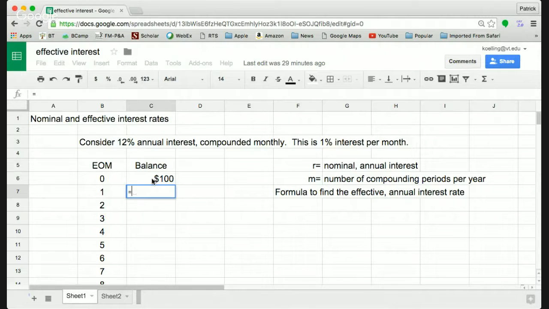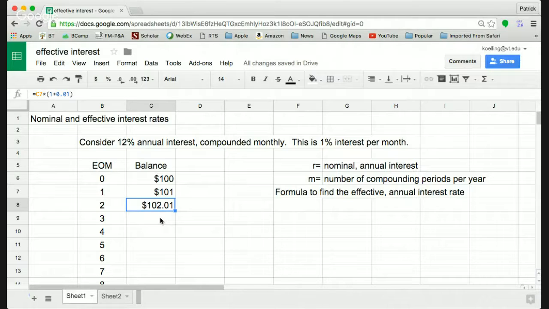So it's the previous balance times 1 plus 0.01, or $101. In month two, same deal. It won't be exactly $102. Let's look at some more decimals: $102.01, because the interest is compounded.